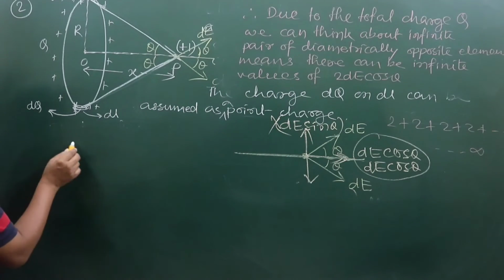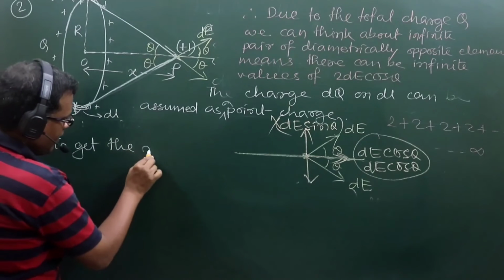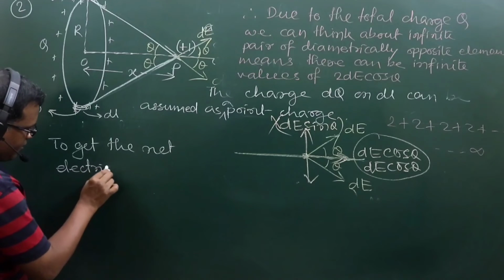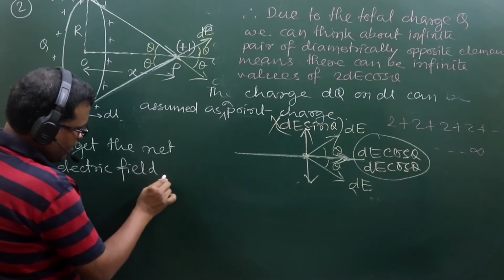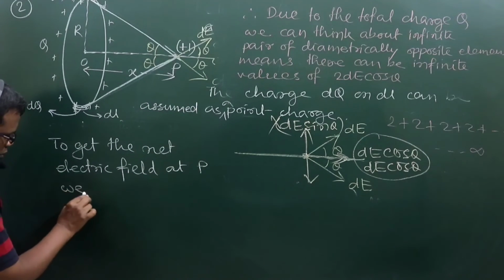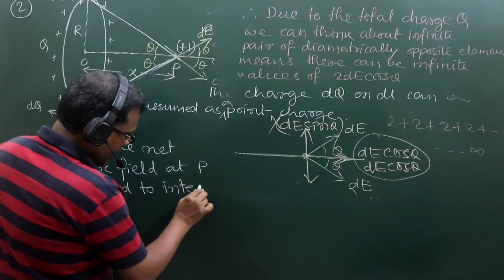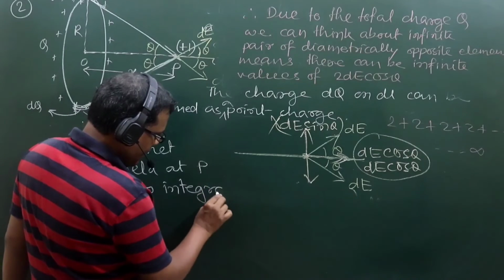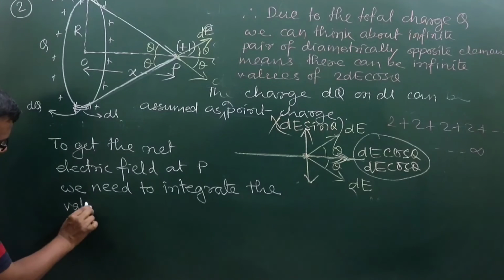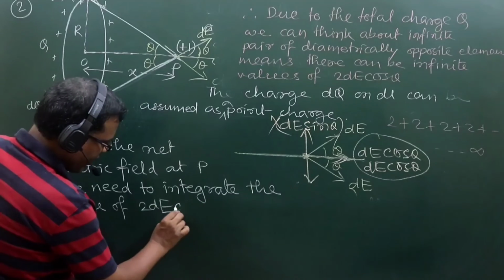So now I will say that to get the net electric field at P, we need to integrate the value of 2dE cos theta, right?